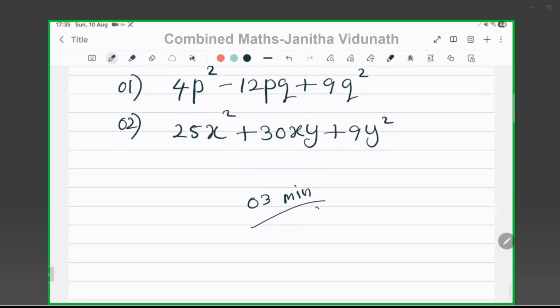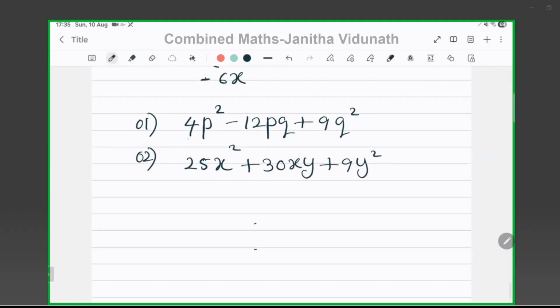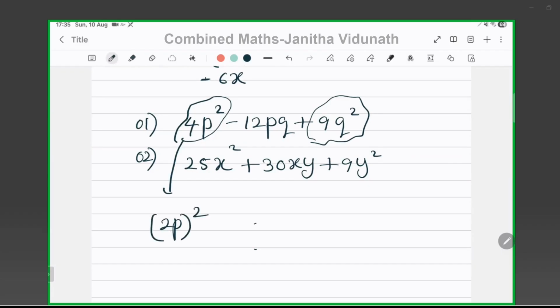Okay, I will answer those two questions. Here we can observe 4p square means (2p) whole square and 9 times q square means (3q) whole square.